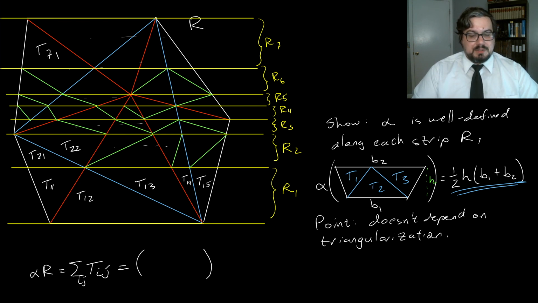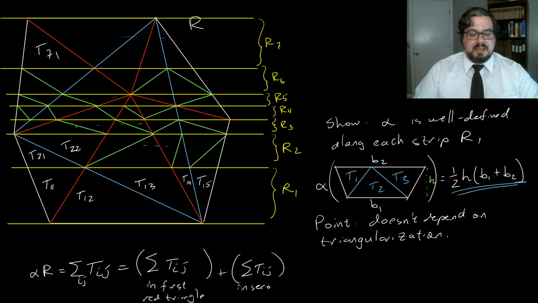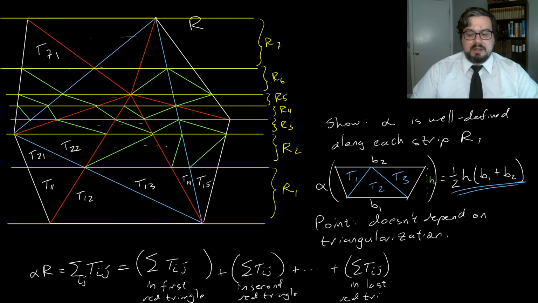The point is that we can write this as the area of the Tij's in the first red triangle plus the sum of the Tij's that are in the second red triangle, and so forth and so on, up to all the ones in the last red triangle.